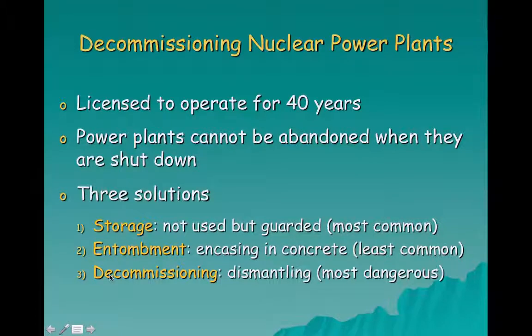And then decommissioning it basically means taking it apart. So whereas entombment is just covering it and entombing it, decommissioning is essentially breaking down the facility. And this, as you can imagine, is the most dangerous because you're getting into all of the facilities and the reactor itself. So that's also not very common.